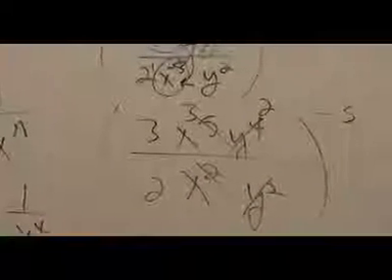So now I have 3 times x to the 3rd y squared over 2. Now I'm going to do the distribution that Samaria was talking about. I could do it first, and it will work out the same, but I like to simplify inside and then do this.